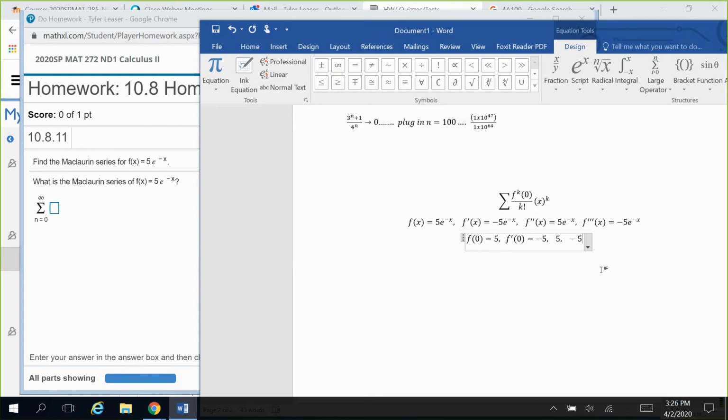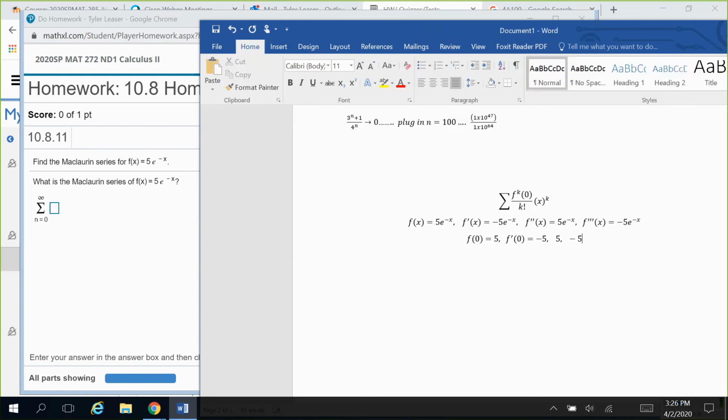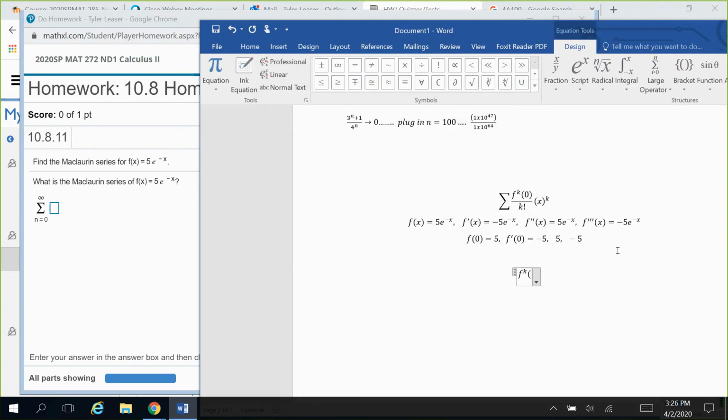And it looks like it's just going to alternate back and forth, 5, negative 5, 5, negative 5. So what that means for us is that we can go ahead and define what f sub k at 0 is. It looks like this is just going to alternate, so we're going to have a negative 1 to the k. That's what makes it alternate back and forth. And then just a constant of 5.